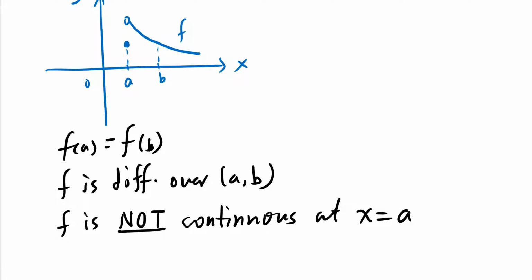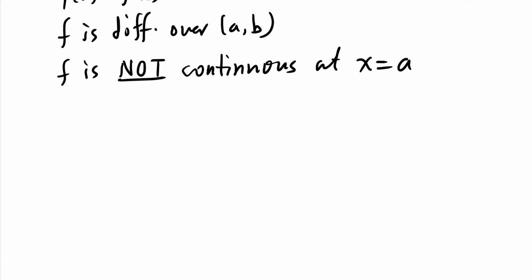Remember, it must be continuous from exactly a to exactly b. It's continuous everywhere between a and b, but it's not continuous at a. Now, I don't care if it's differentiable at a, because the condition says f must be differentiable over the open interval (a, b), not exactly from a to exactly b. That's one special example that fails Rolle's theorem.